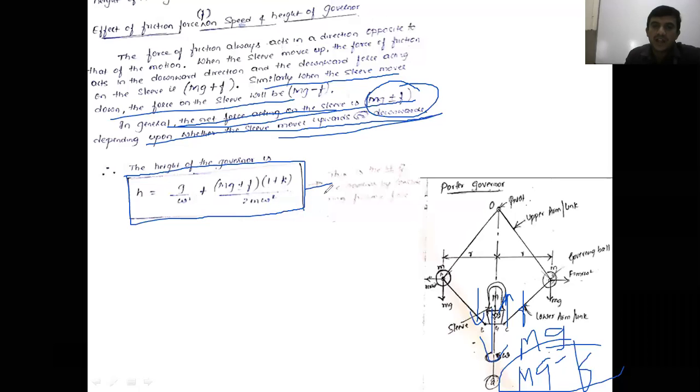This is the height of the governor by considering the frictional force. The only difference is to consider plus or minus f with capital mg, compared with neglecting the frictional force between the sleeve and the governor shaft axis.